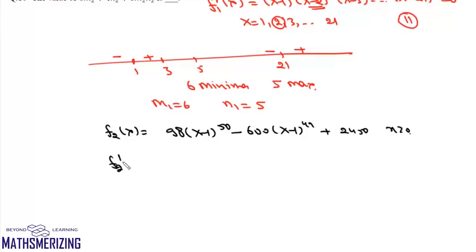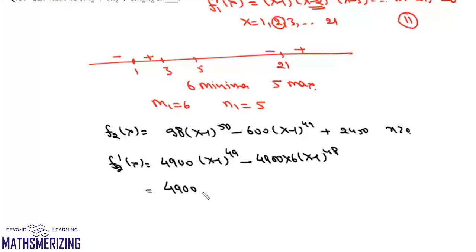If we differentiate this function, we can write 98 into 50, so there will be 4900 into x minus 1 to the power 49 minus, now this is 4900 into 6, and there will be x minus 1 to the power 48. Now we'll take 4900 into x minus 1 to the power 48 common, and then we'll have x minus 7.